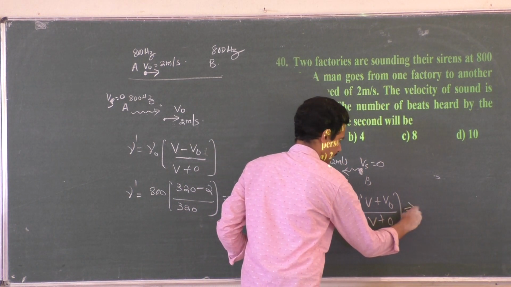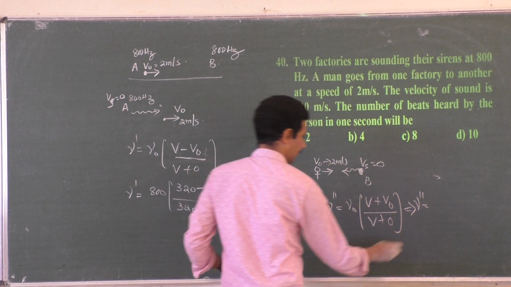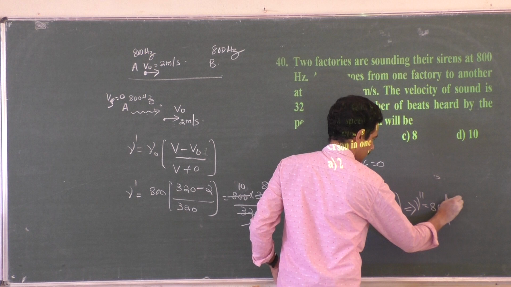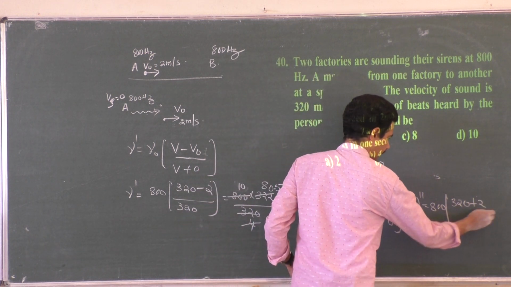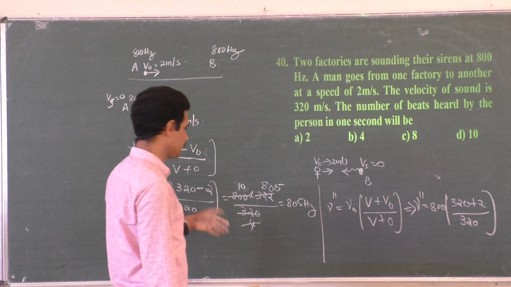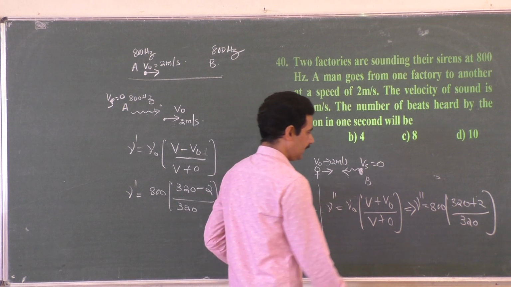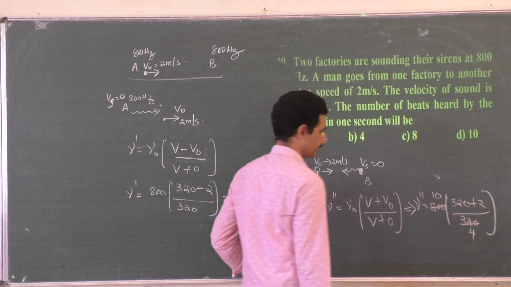So nu double dash is equal to nu naught 800 into 320 plus 2 divided by 320. Here minus 2, there plus 2, that's all. 80 tens are 800.